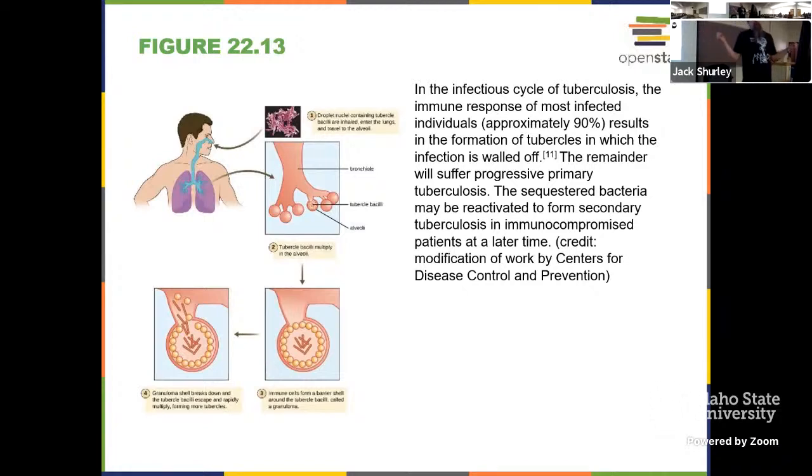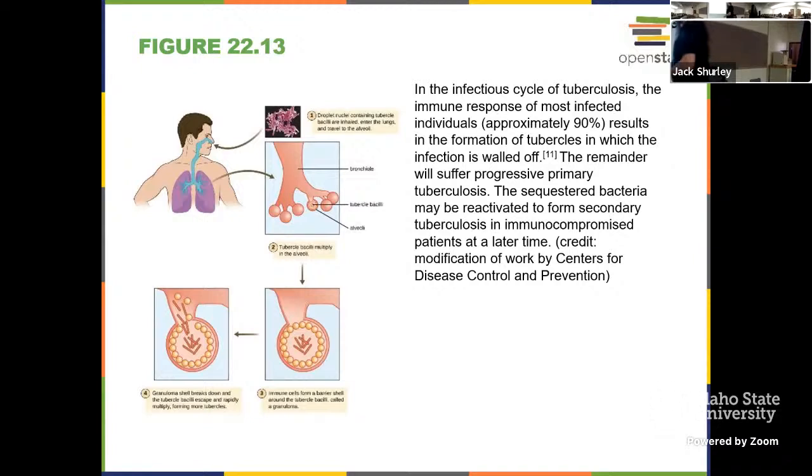So tuberculosis. There are all sorts of ideas with how we might identify some of these things: new pathogens or re-emerging pathogens that set the stage for issues. And tuberculosis is something that we would classify as a re-emerging pathogen.